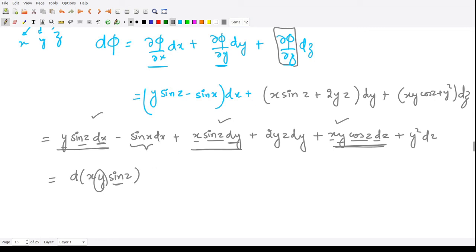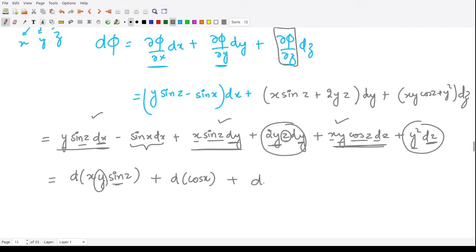Now this term, minus sin x dx, could be written as the complete derivative of cos x, because when you differentiate cos x, it would be minus sin x into dx. And moreover, for these two terms over here, in one the derivative for z has been performed with y square as such, and in the other the derivative for y has been performed with z kept as such.